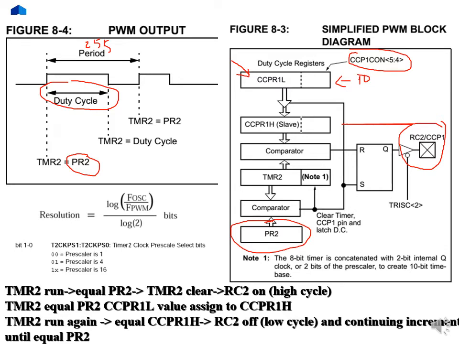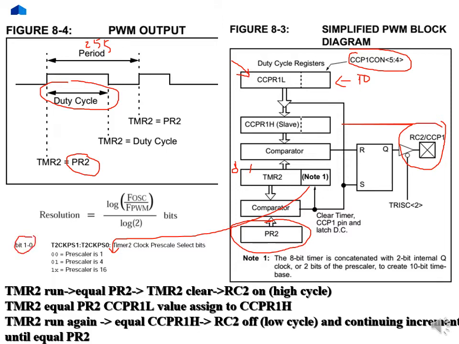However, we use Timer2 to generate the signal, and Timer2 is 8-bit, so we will make Timer2 become 10-bit by setting the bits here.